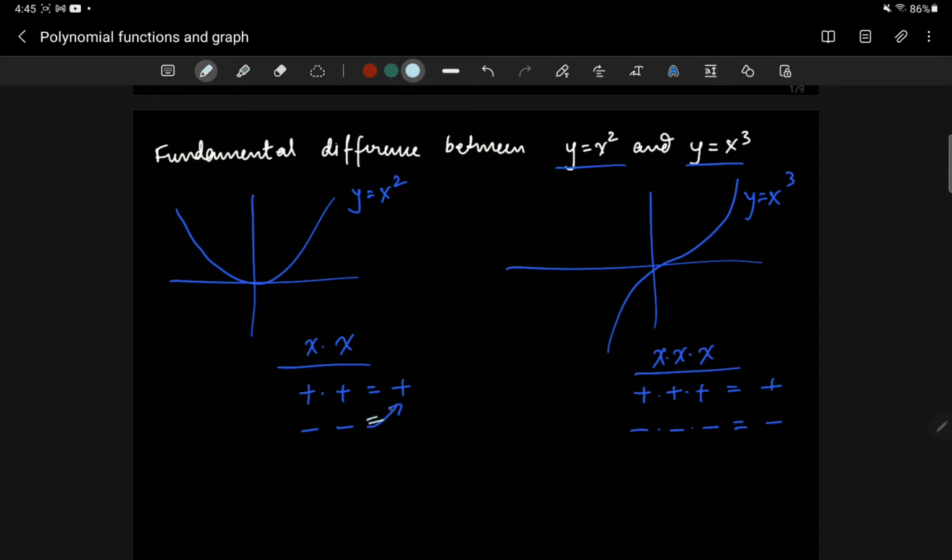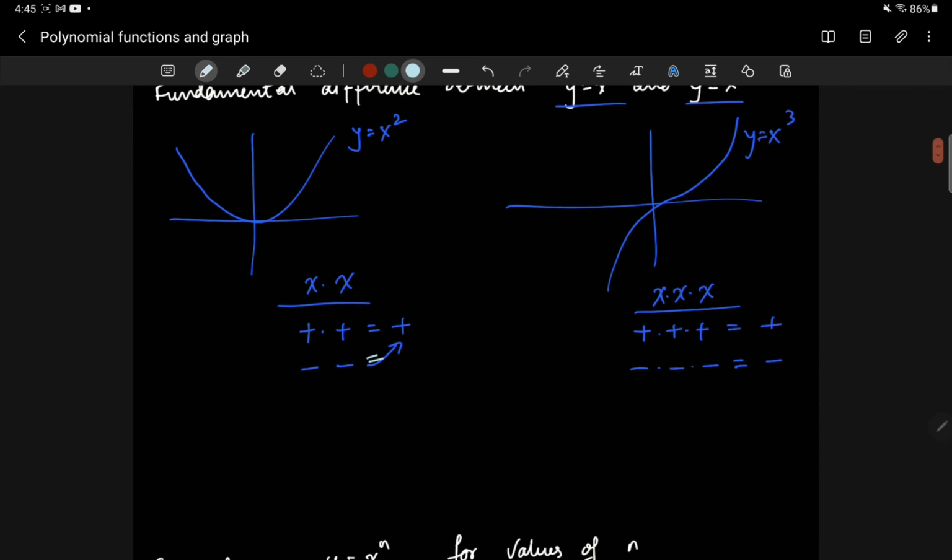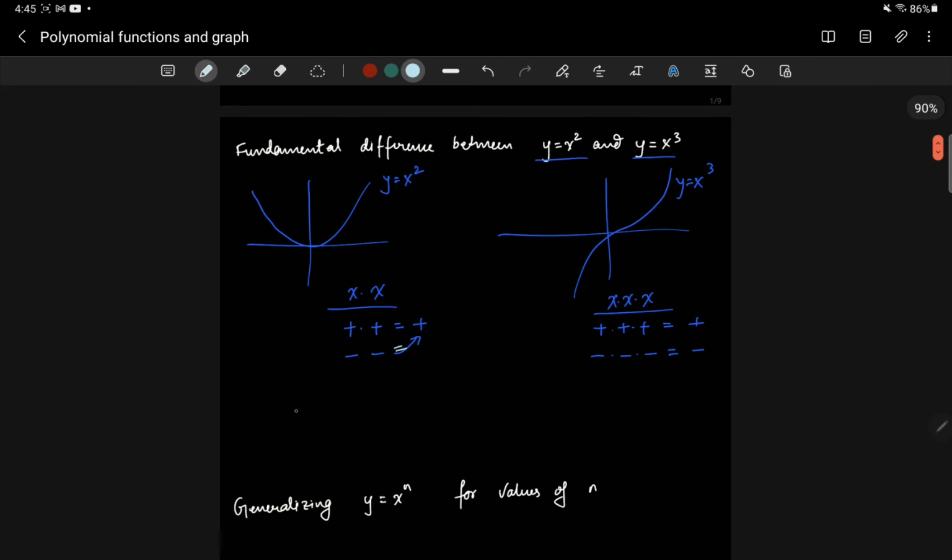Because both of these give positive, you have a symmetric shape. They go up together. And here, one gives positive and the other gives a negative. They go in 2 different directions, right? And this is a consequence of how many x's you are multiplying together.